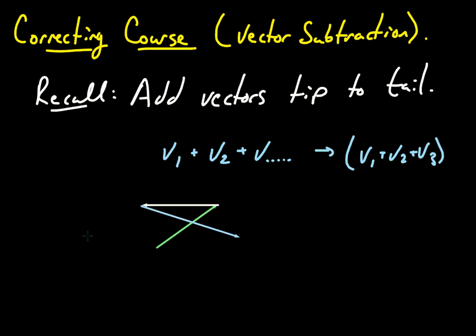Then the sum of all those vectors ends up being from where you started to where you finished. We call this the net vector, if you want. All the vectors added together give you the net vector.